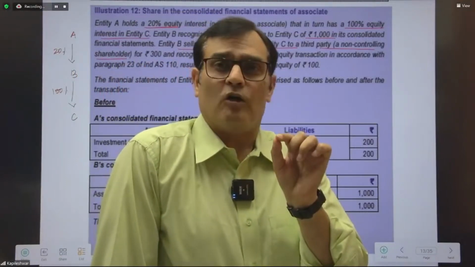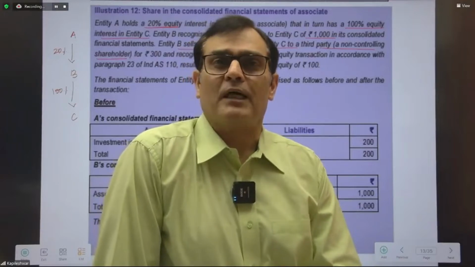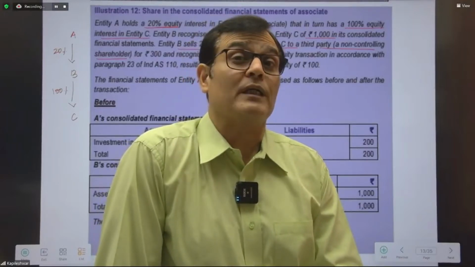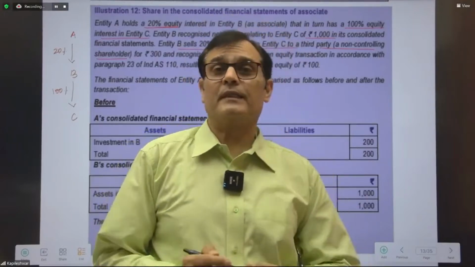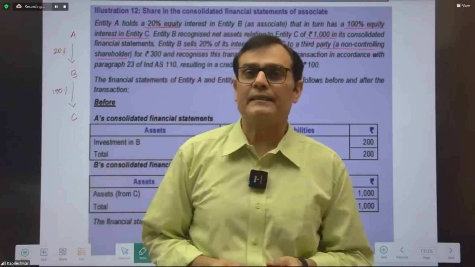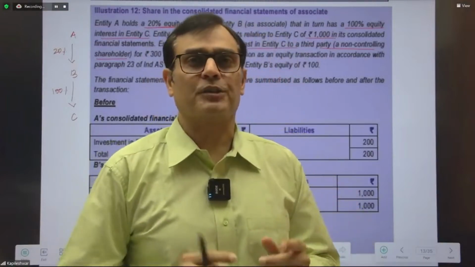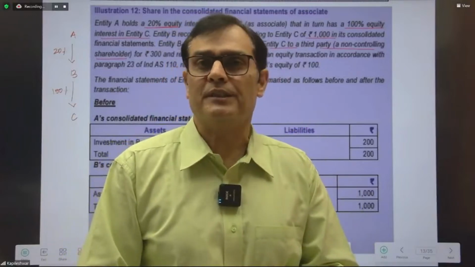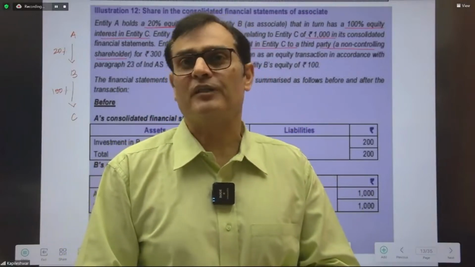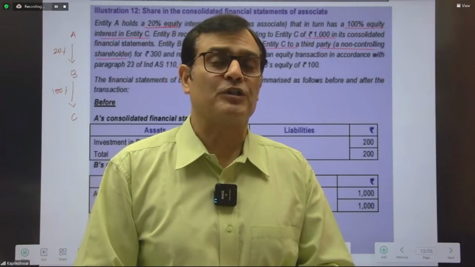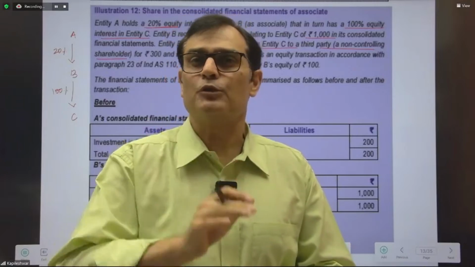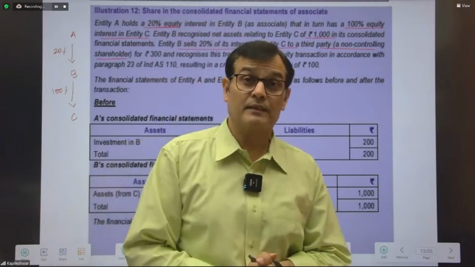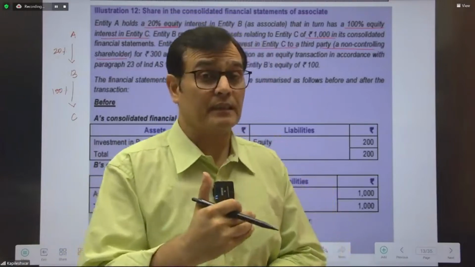If you sell off a stake in the company, a partial disposal, but the control continues, then in that particular case, it is considered as a transaction between shareholders of the company. And the simple entry is bank debit, NCI credit, and the profit or loss goes to equity. It is directly taken to equity, gain or loss. And in this case, you had a 100% stake in the company.